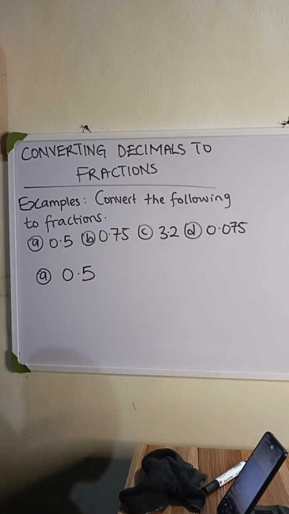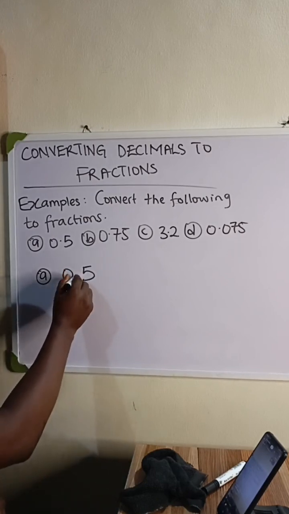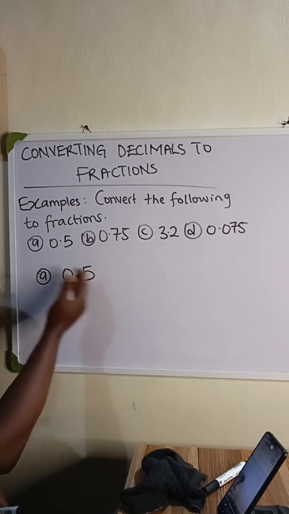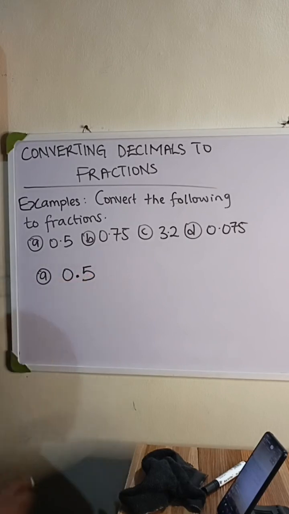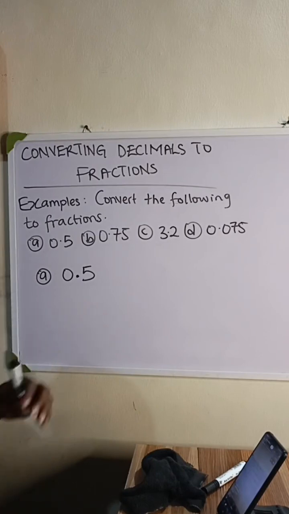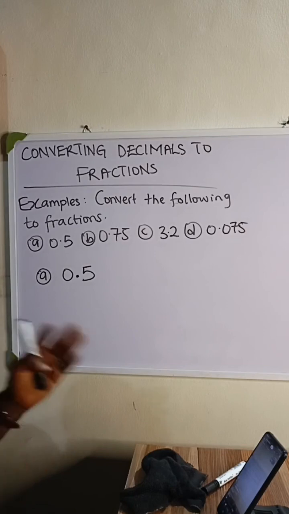Excuse me. So when you want to convert this decimal to fraction, all you need to do is this decimal point that's here, you have to move it to the end, this right end, not the left end, the right end. So when you move it to the end, it becomes a whole number. But to compensate for that movement, you have to divide that whole number by a multiple of 10, depending on how many times you moved.